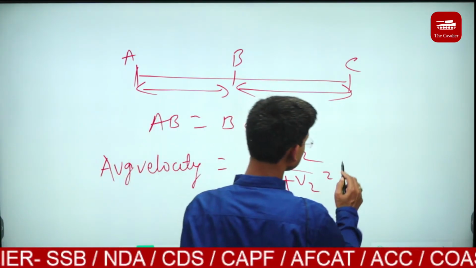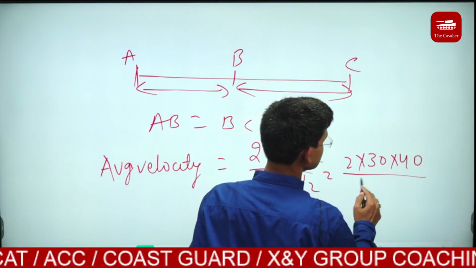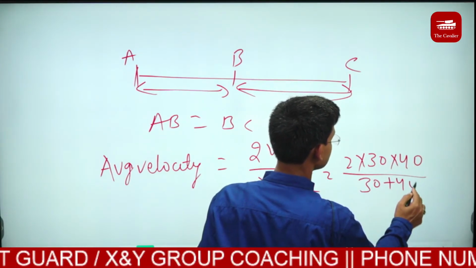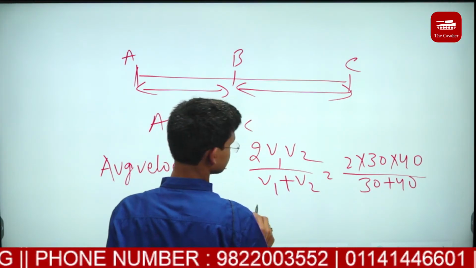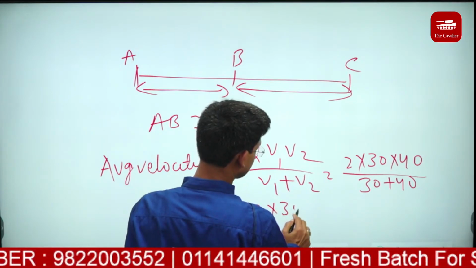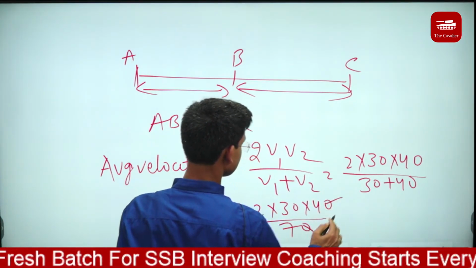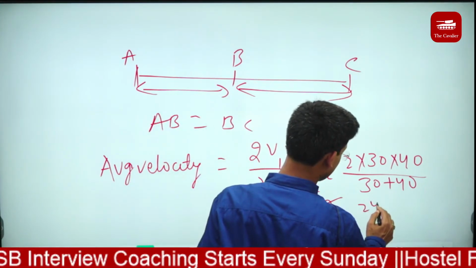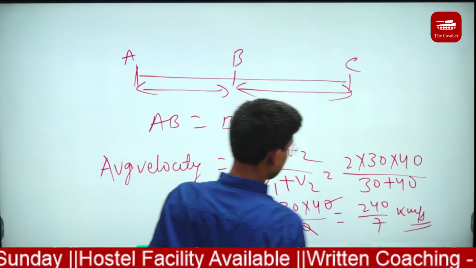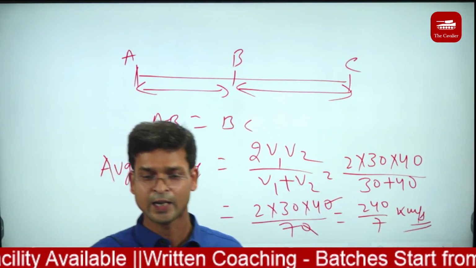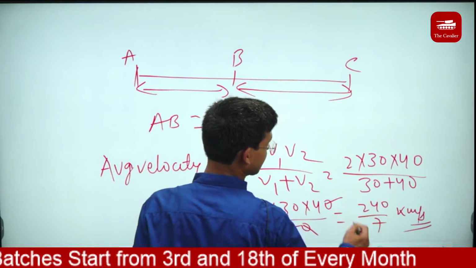That is 2 into 30 into 40 upon 30 plus 40, that is 2 into 30 into 40 upon 70. That is 240 by 7. This is the average velocity during the entire journey. In this case, its value will be 240 by 7.